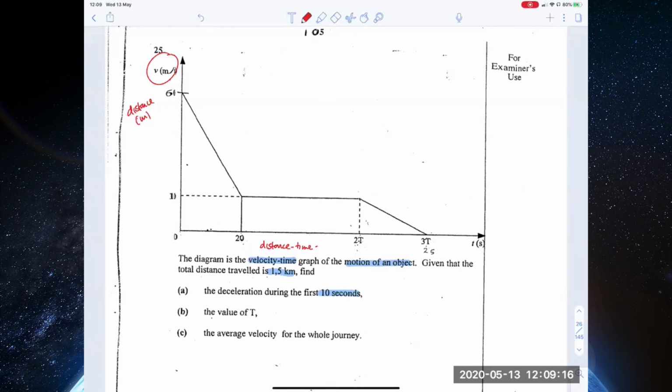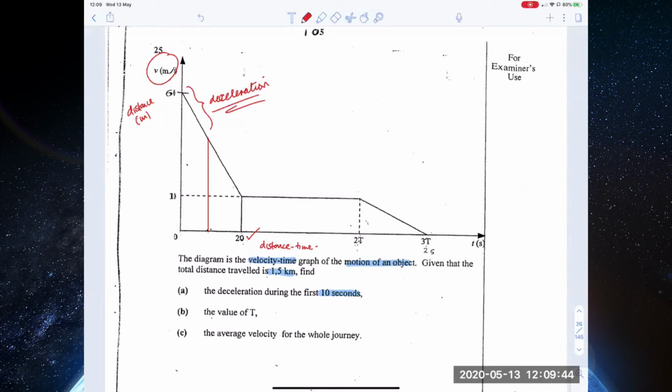This is time in seconds, and it says here that it's 20 seconds, isn't it? Which means the first 10 seconds is probably here. So deceleration is happening here. I think it's double C.